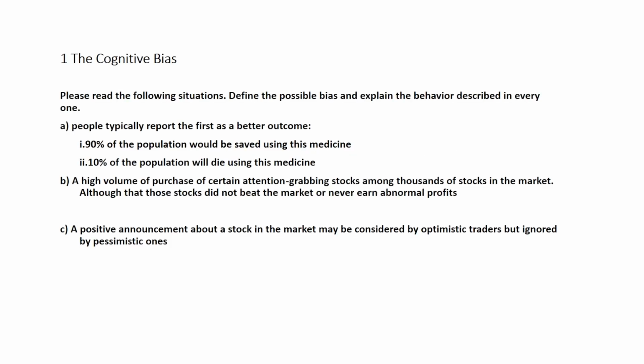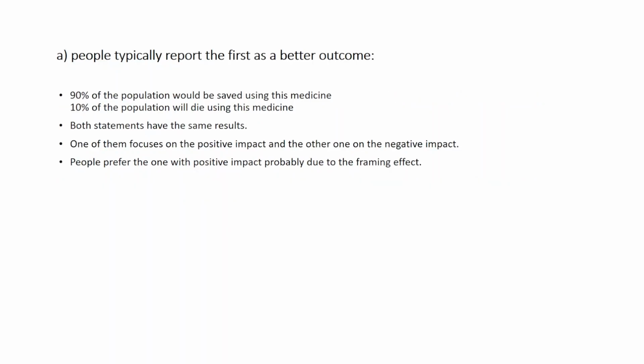So we have certain situations where we are going to try to define the possible bias and explain the behavior accordingly. In this first situation, we present people with a 90% probability that the population would be saved using a new medicine that we are introducing to the market, versus a 10% possibility that people will die using this medicine.